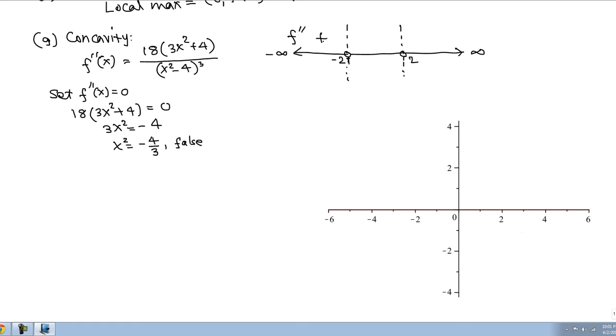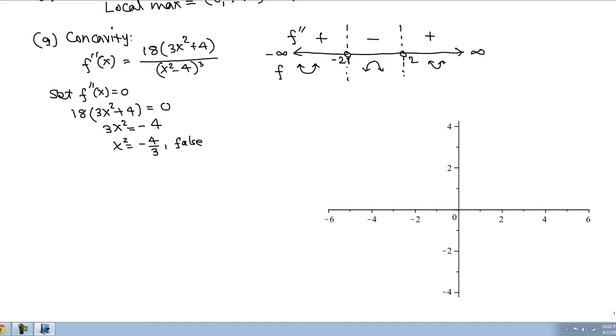We don't need the exact number, but it will be positive, so the function is concave up. In negative 2 to 2, let's pick 0: the top is positive, 0 minus 4 is negative, and negative 4 cubed is negative, so overall it is negative, concave down. From 2 to infinity, take 3, you get positive, concave up.